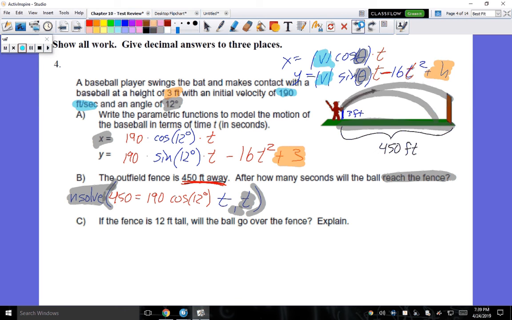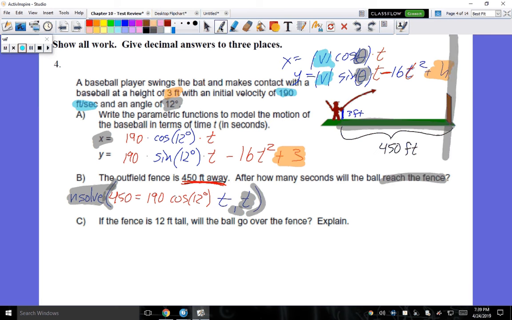We're saying when will it reach the fence. In other words, imagine this huge vertical line, and when will it reach and hit this vertical line? Whether it's the fence, below the fence, or above the fence, wherever, we're trying to see when it will reach that vertical line of 450 feet.